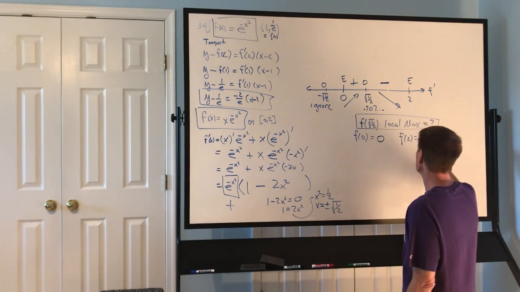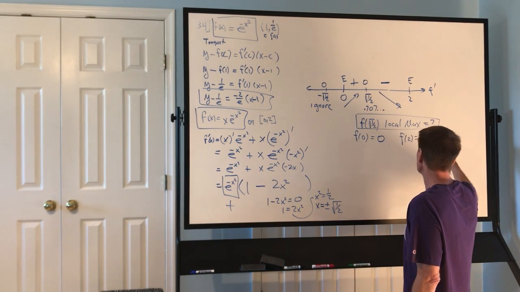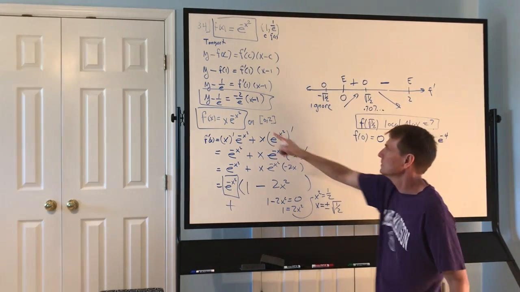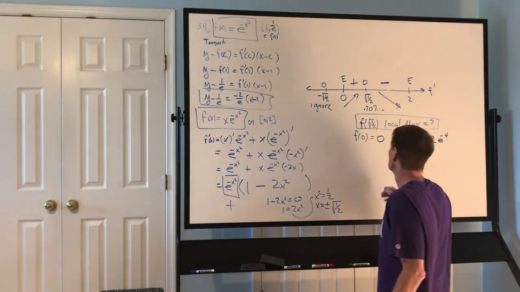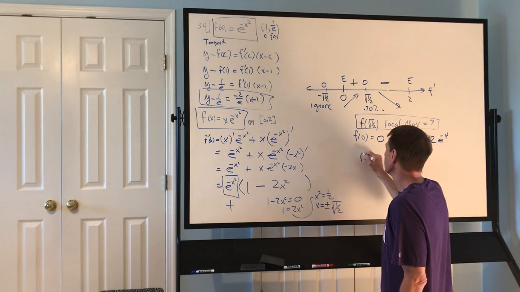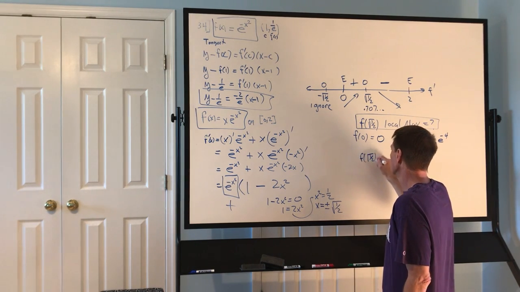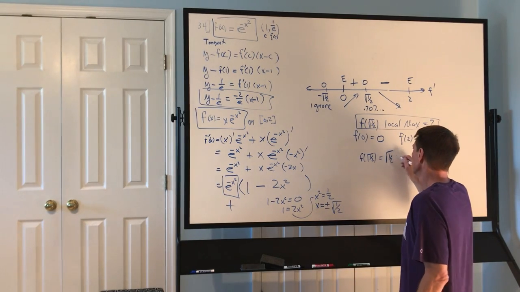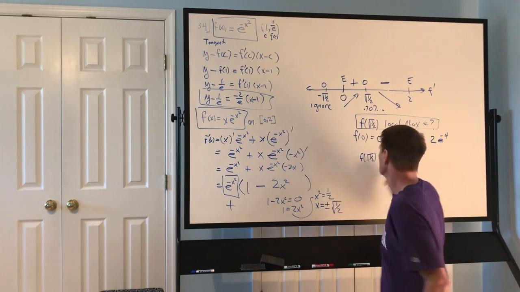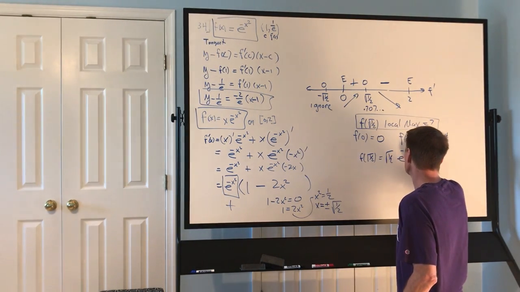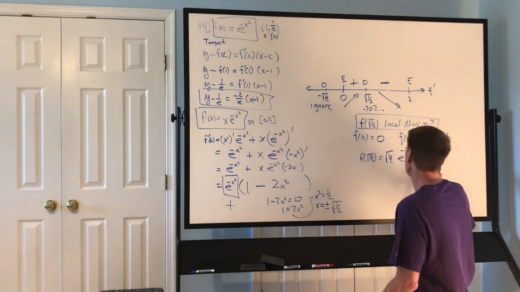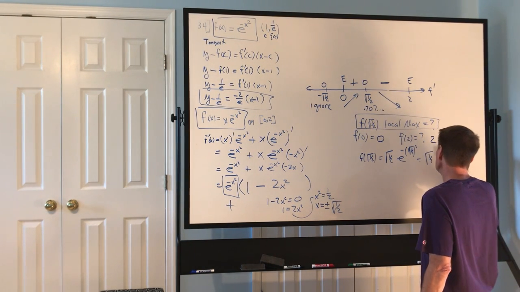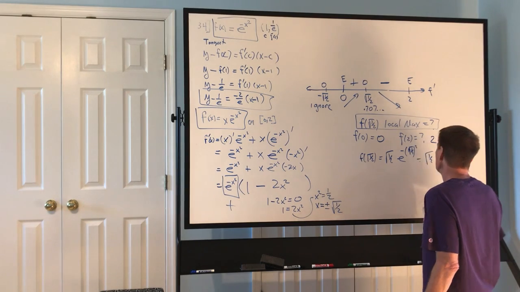f of 2 is 2 times e to the minus 4, because 2 squared is 4. Then f of the square root of 1/2, well, that's a little bit nastier, is going to be the square root of 1/2 times e to the minus 1/2.